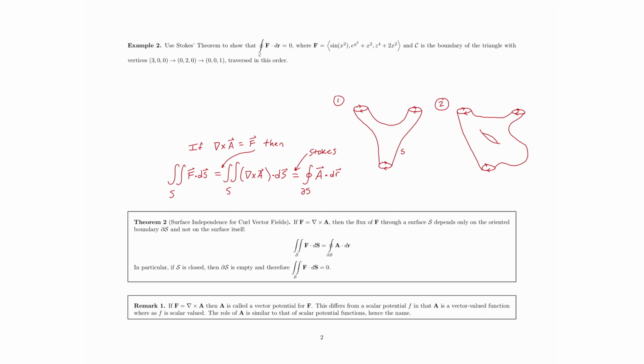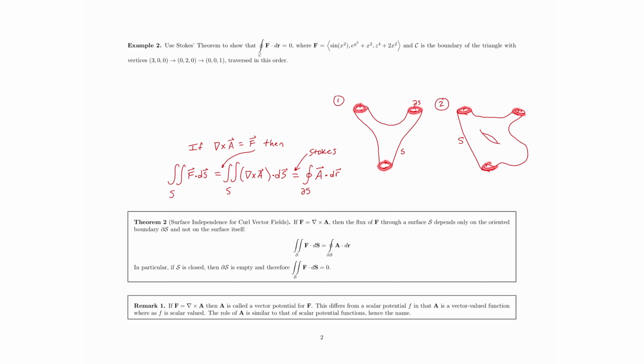So the flux of a vector field through this surface here and through this surface here doesn't actually depend on the surface itself. It only depends on these openings, the boundary of S, right? If these are both S, two different S's, let's say S1 and S2, but they have the same boundary. The boundary of S is just the collection of these three openings.